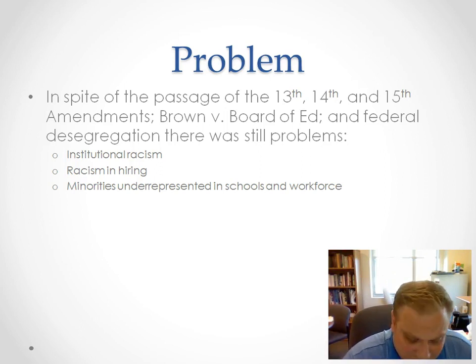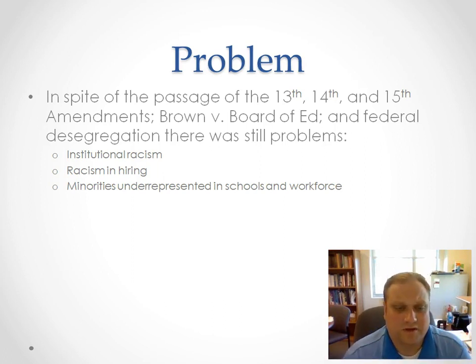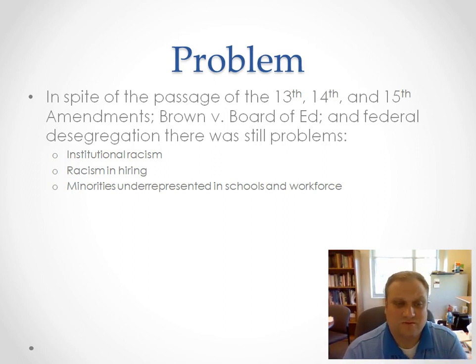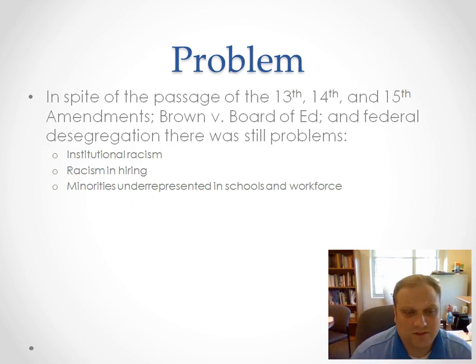So you have 80% of the draftees going to Vietnam from poor and working class backgrounds, and I think you have something like 20% of draftees who are black or minorities, and there's maybe an 8% to 12% black population in the United States.